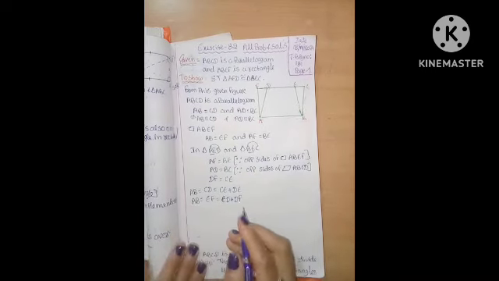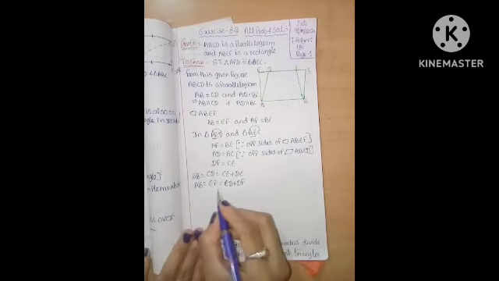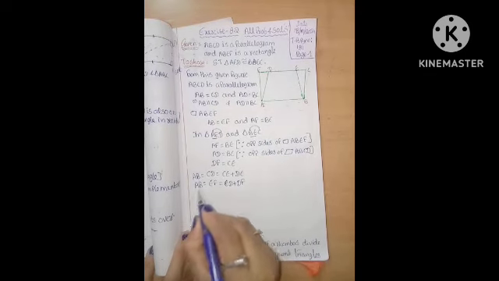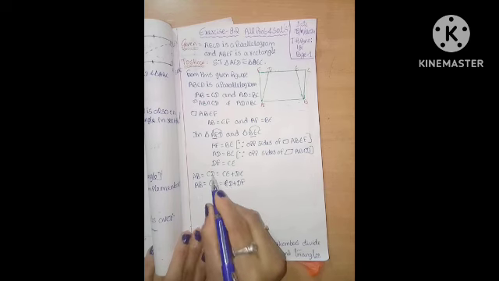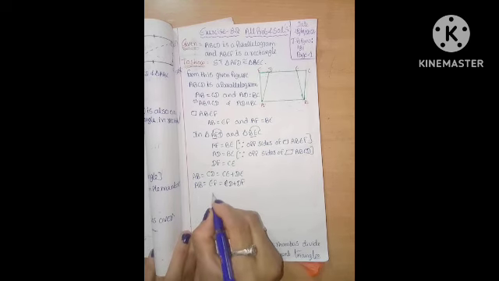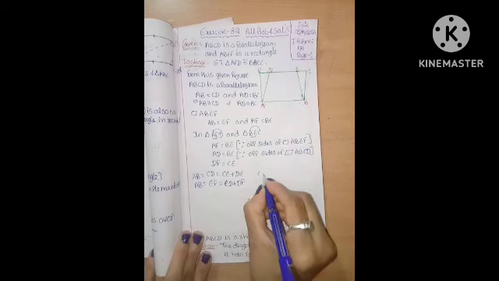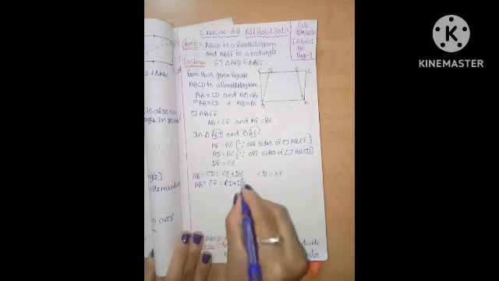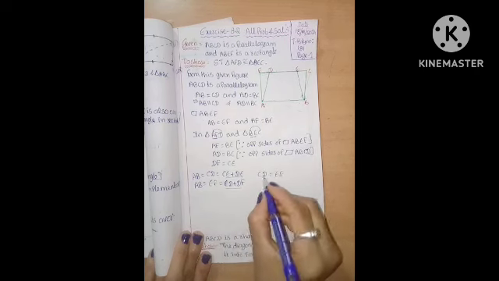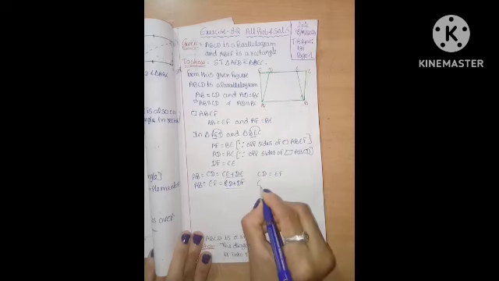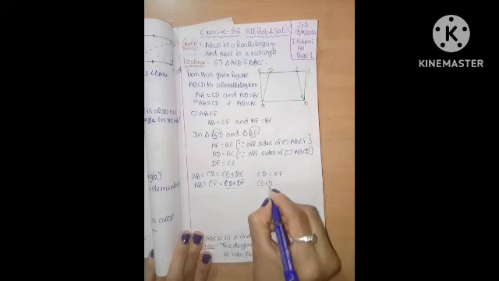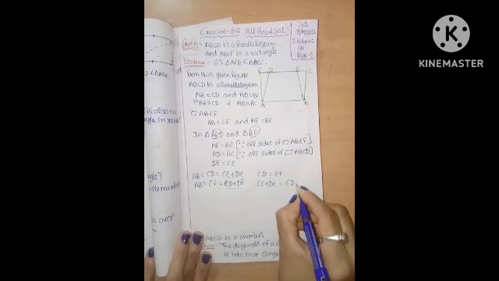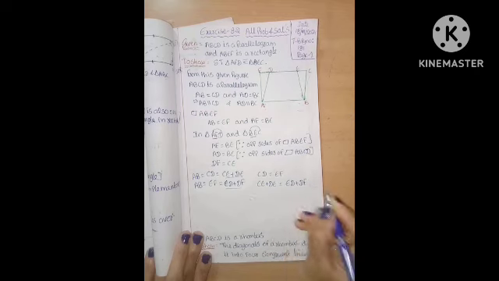So AB is equal to CD, and AB is equal to EF. So CD is equal to EF. Are you clear? CD is equal to CE plus DE, equal to EF, which is ED plus DF.